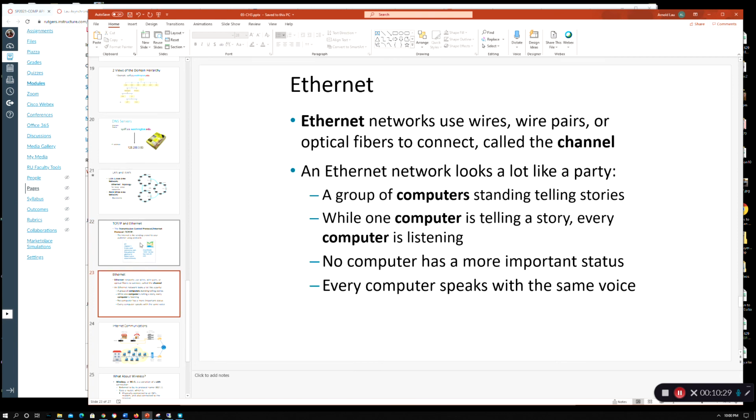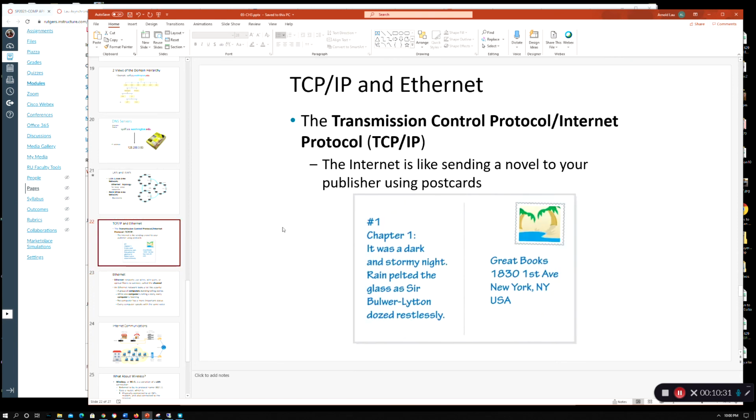So TCP/IP, this is what I mentioned before, where I want to send a file from point A to point B, but that's not actually how it goes over the network. It gets chopped up into these little packets and then gets over the network through various paths. And then when it gets to the destination, it gets reassembled back into that file, right?